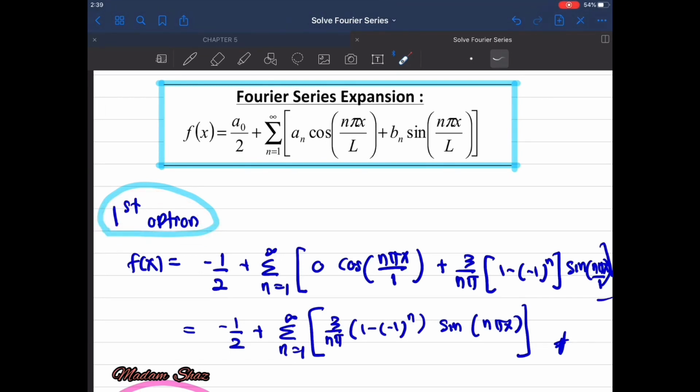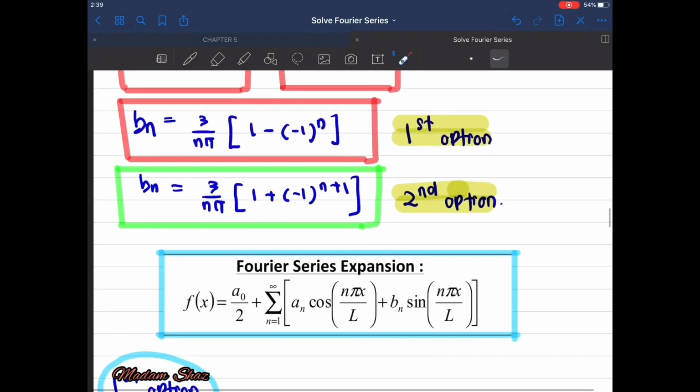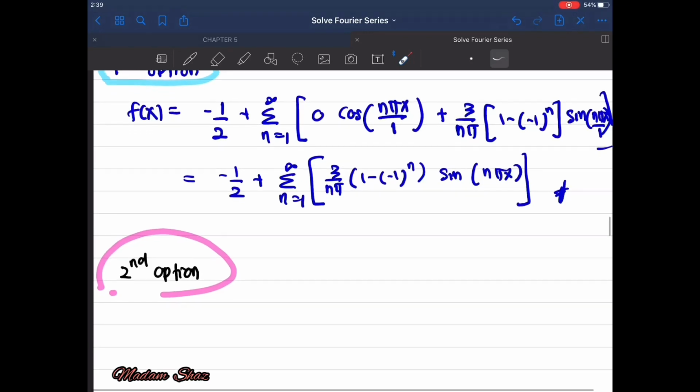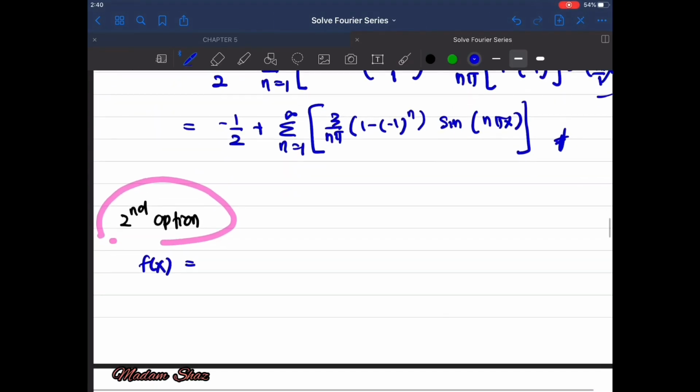If we want to use the answer for the second option, whereby our b_n is equal to 1 plus (-1)^(n+1), then our final answer will become f(x) equal to negative 1 over 2 plus summation n equal to 1 until infinity.